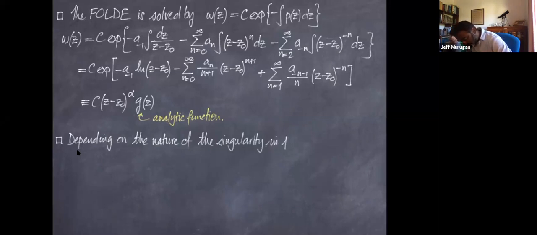So let's split this up into cases. In fact, I want to phrase this differently. Depending on the nature of the singularity in P of Z, our solution, W of Z, has differing properties.